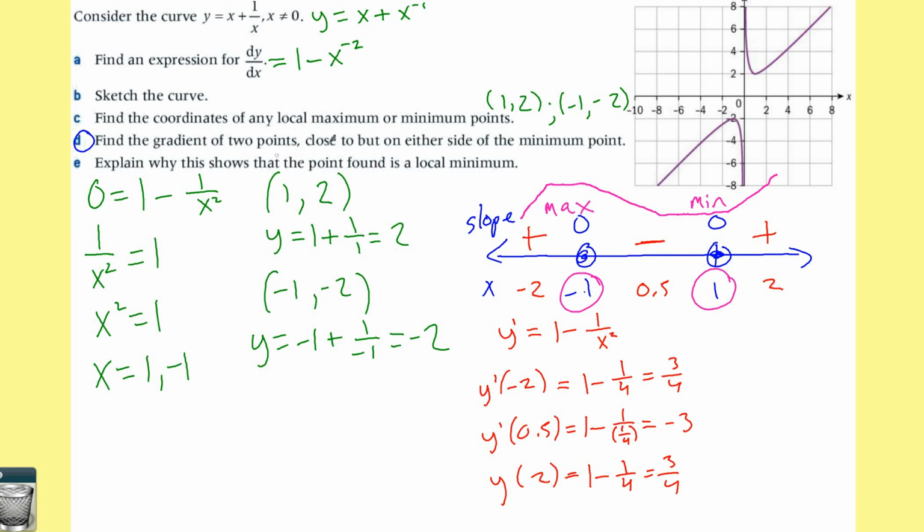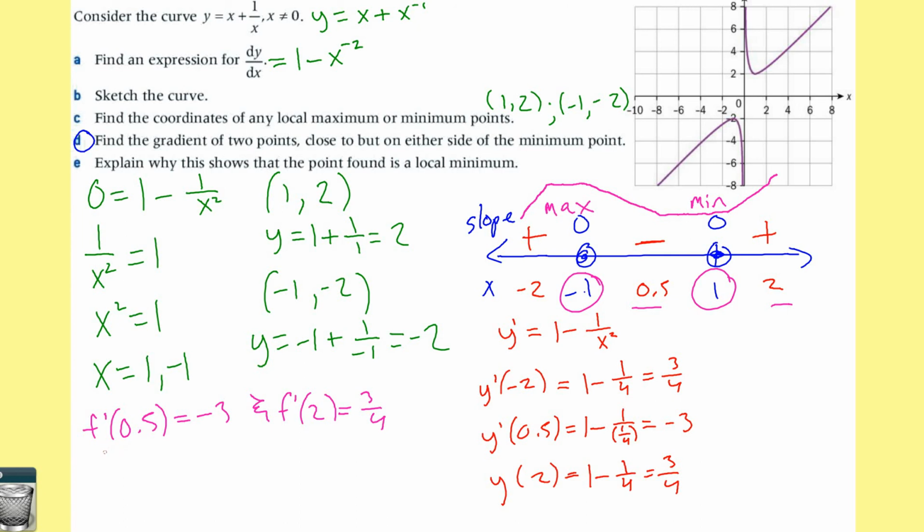So, find the gradient of the 2 points close to, on either side of, the minimum point. We did that with the slope. What we would say is the derivative at 0.5 is negative 3, and the derivative at 2 is positive 3/4, which shows that's a minimum.